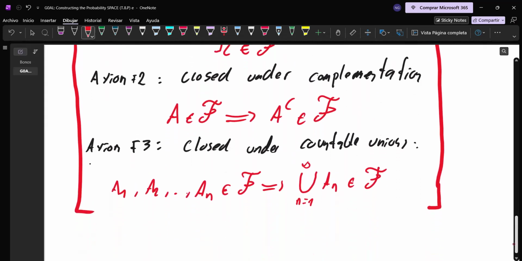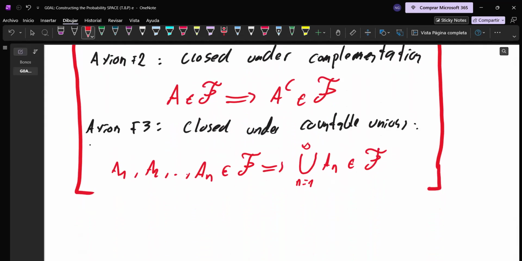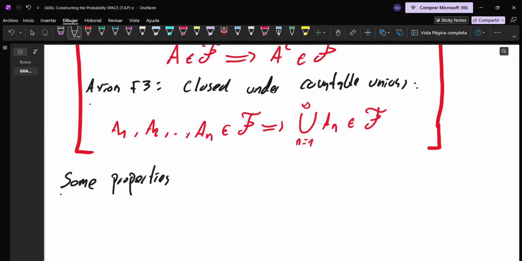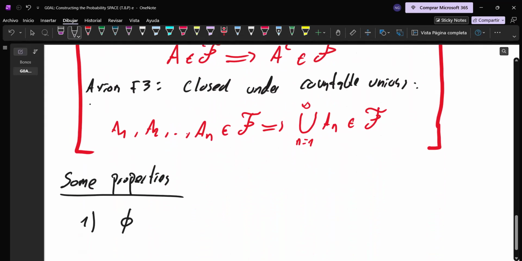From these three axioms, several properties follow immediately. This is a very important thing. What are those properties? The first is that the null space is an element of F. The question is why?